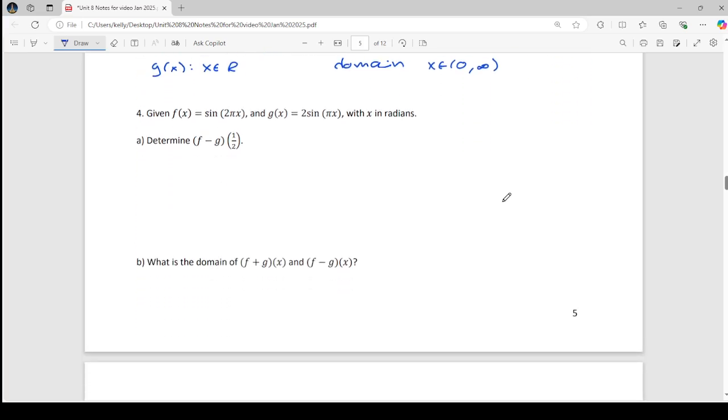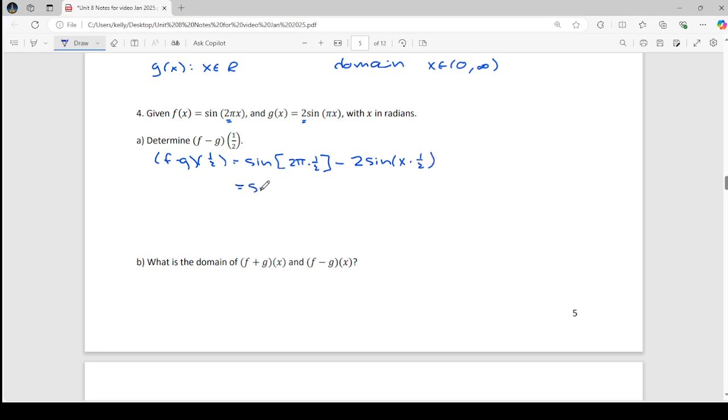Okay, so now we have two sine functions. Remember that with a 2 inside the angle, it is not the same function as a 2 multiplying the ratio. But let's find f minus g at a half. So f minus g at a half will be f at a half, so sine of 2 pi times a half, minus g at a half, which is 2 sine of pi times a half.